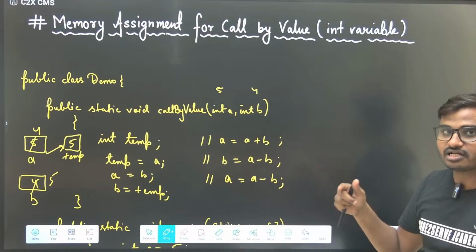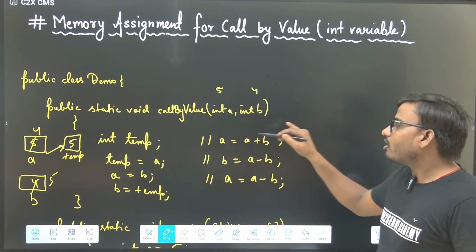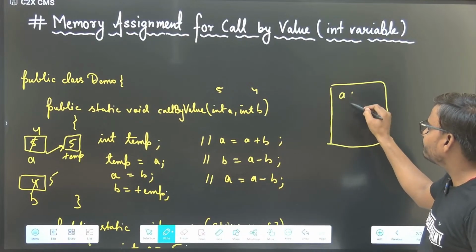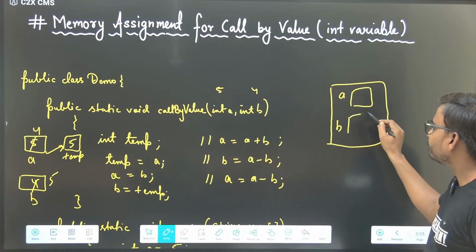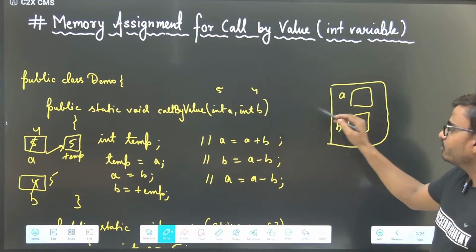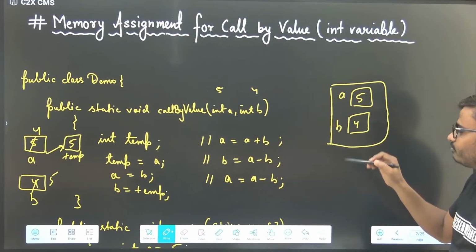We are not much concerned with this. We are more concerned about the memory allocation. When this function is called, two variables are created in the memory, one is a and one is b. Here you are getting two values, suppose 5 in a and 4 in b.